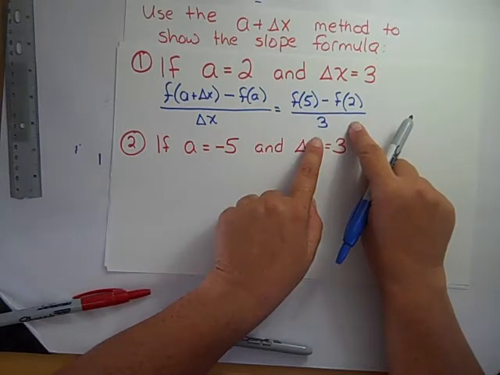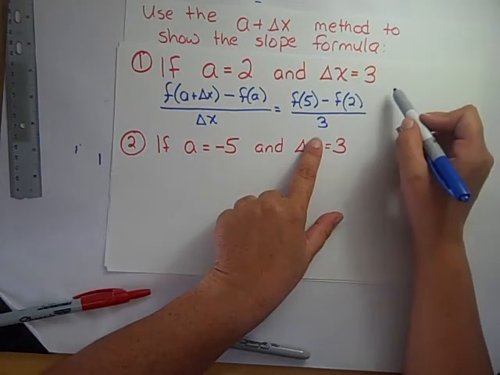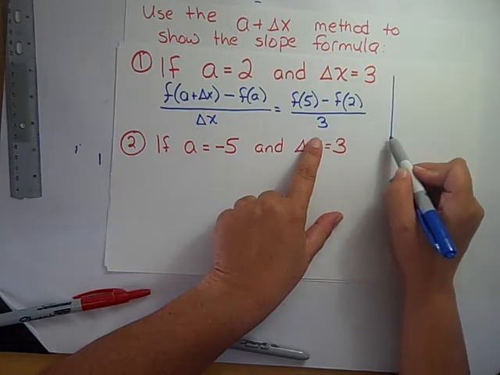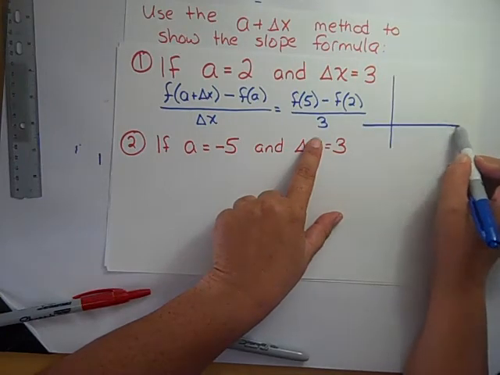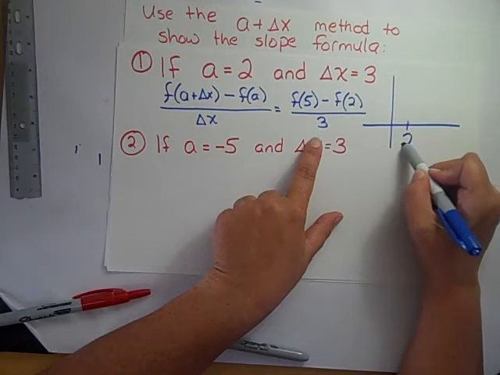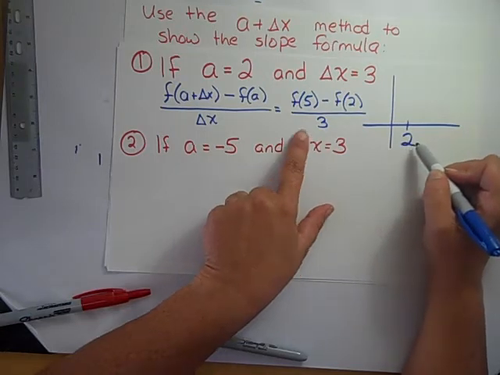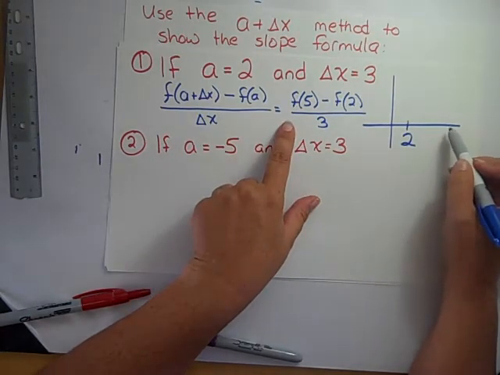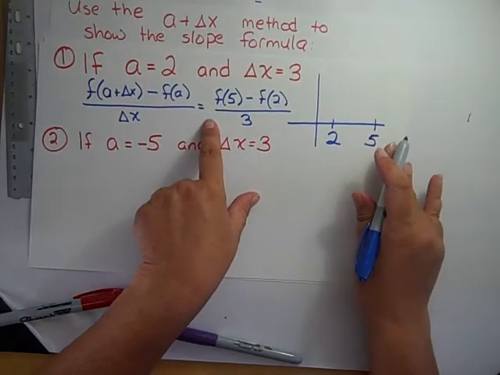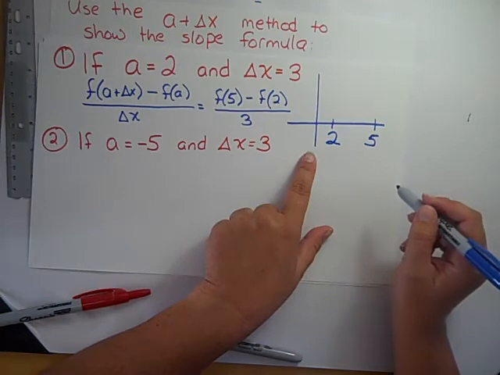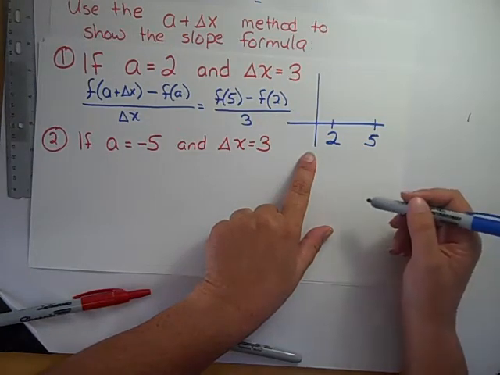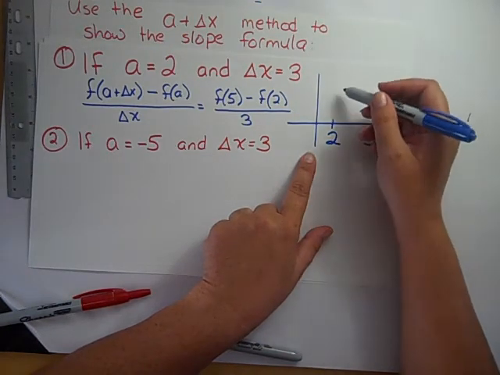I might ask you to sketch a graph of that, and you really could have a lot of freedom. So a is 2, and b is a plus delta x, so b is 5. That's really all we know, so you could draw any line you want here.